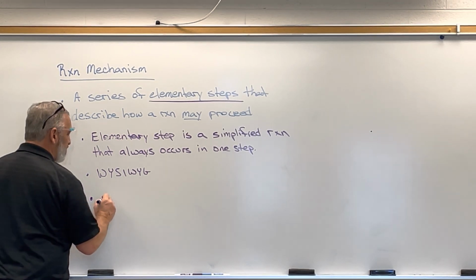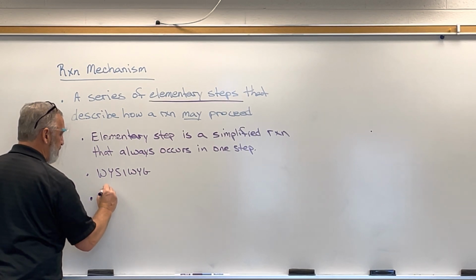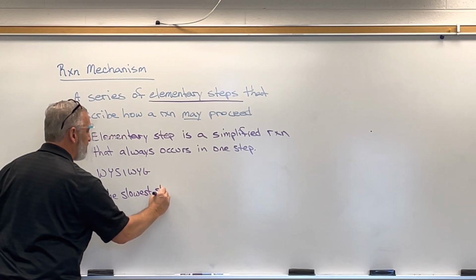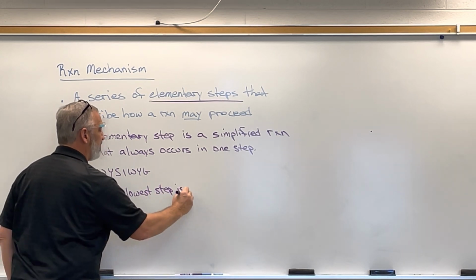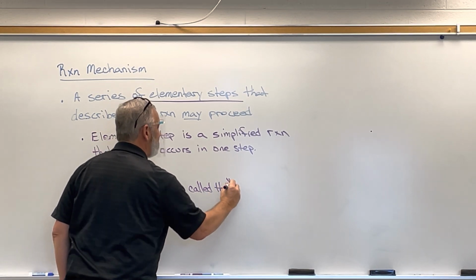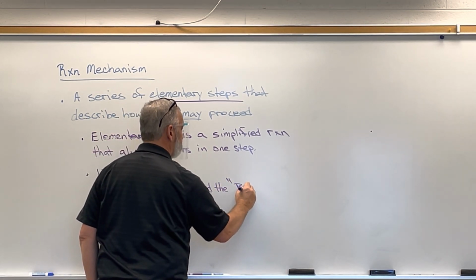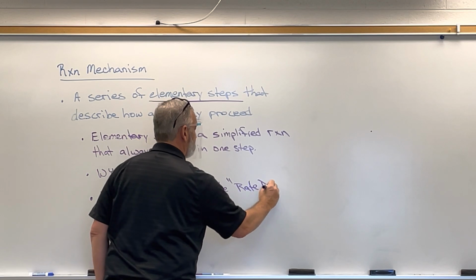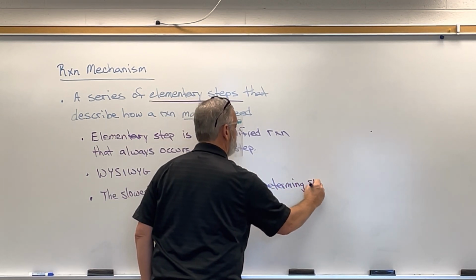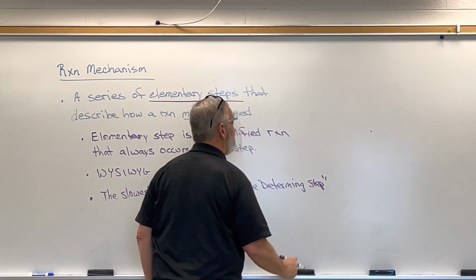Now, there's always going to be a slow step. The slowest step is called the rate determining step. Okay?